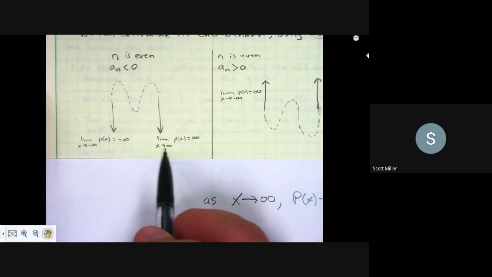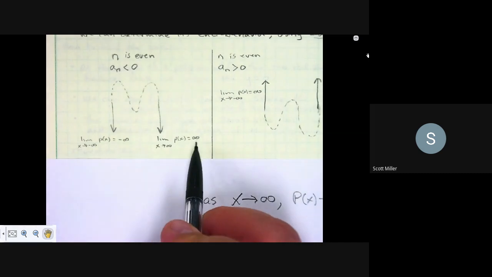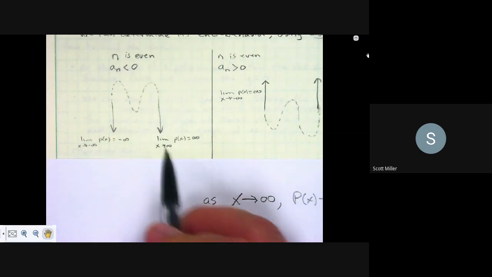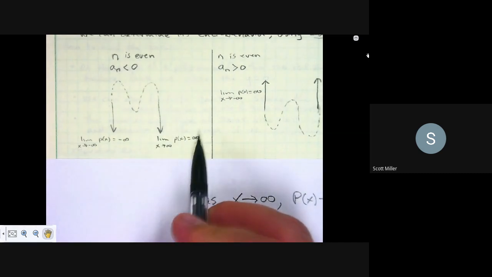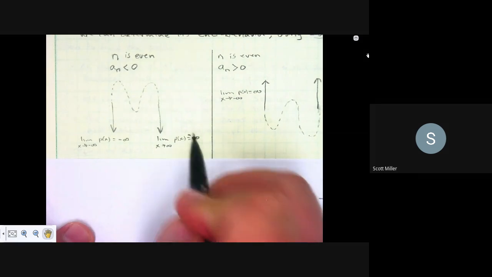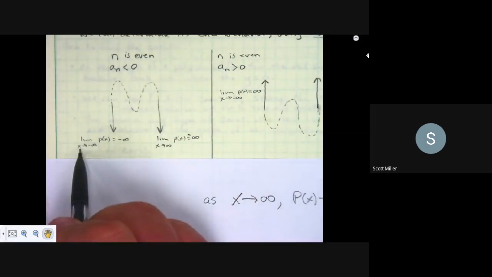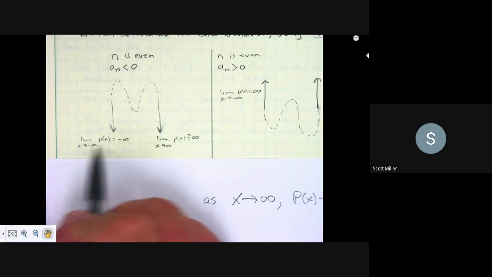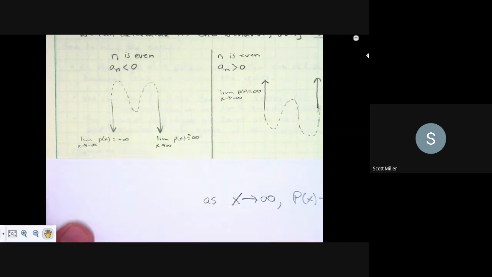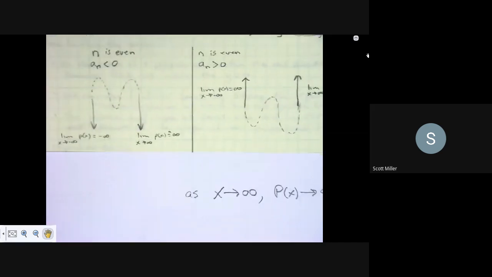The limit as x goes to infinity, that means the right side, the y values go to, oh, I didn't put the negative there, negative infinity. The limit as x goes to negative infinity of the y values is negative infinity. So that's how you would write that out.